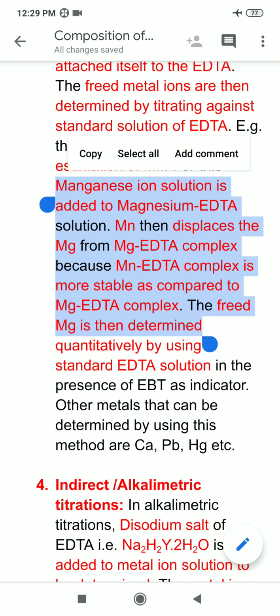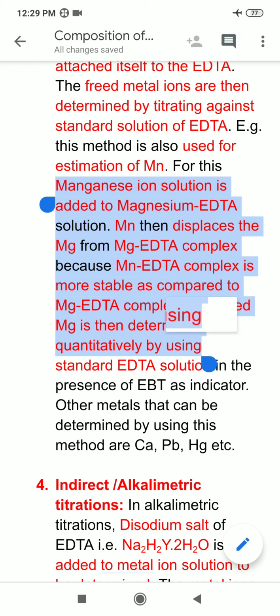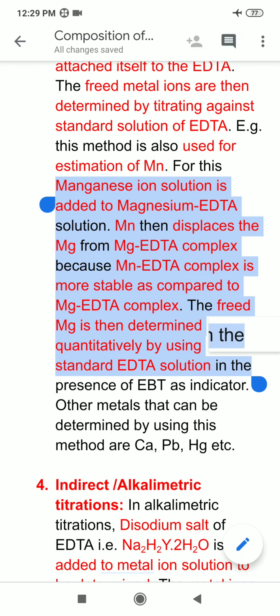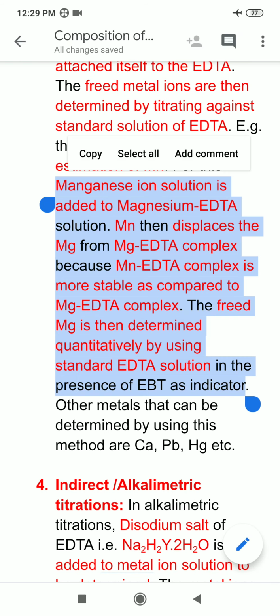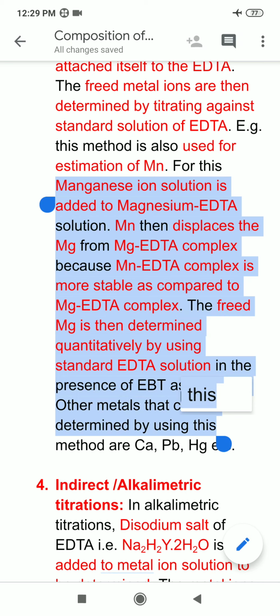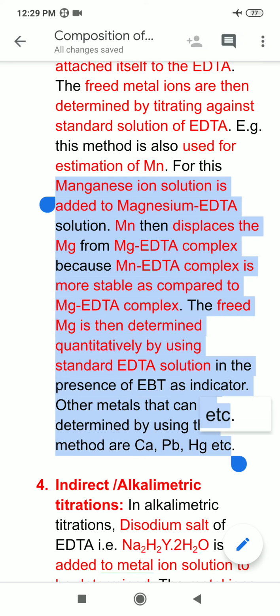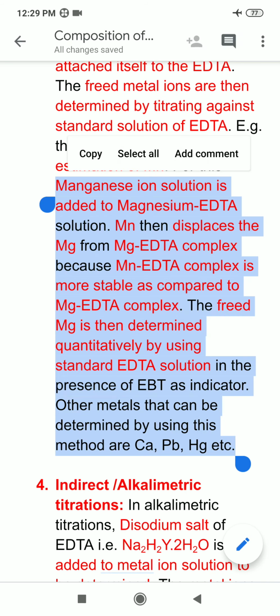The magnesium will be free. So this freed magnesium is then determined quantitatively by using standard solution of EDTA in the presence of Eriochrome black T as indicator. And other metal ions that can be determined by using replacement titrations are calcium, lead, mercury, etc.